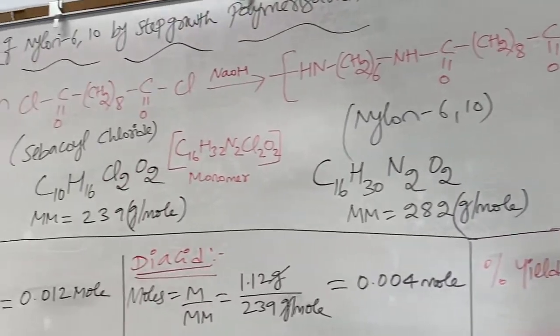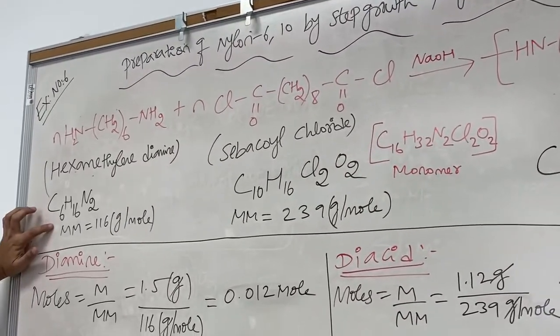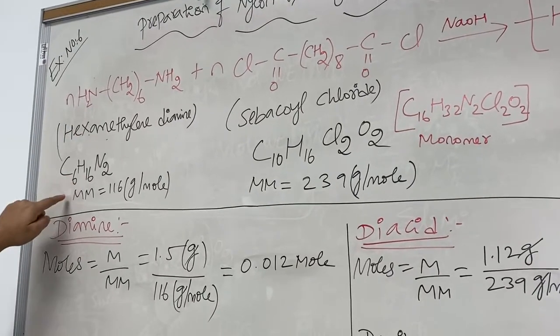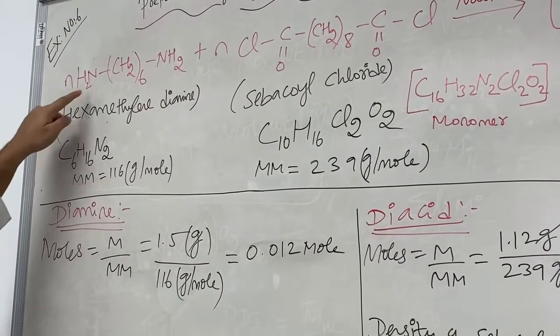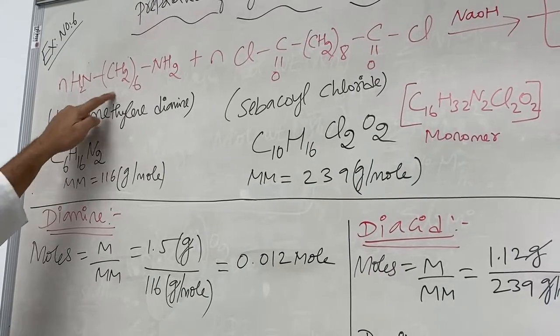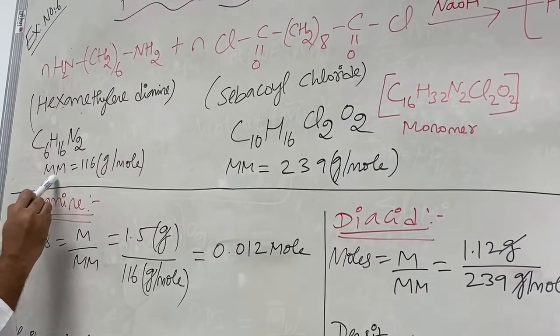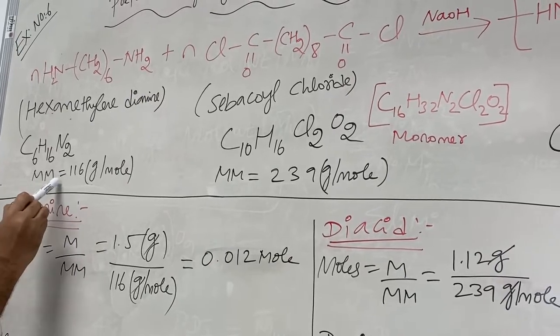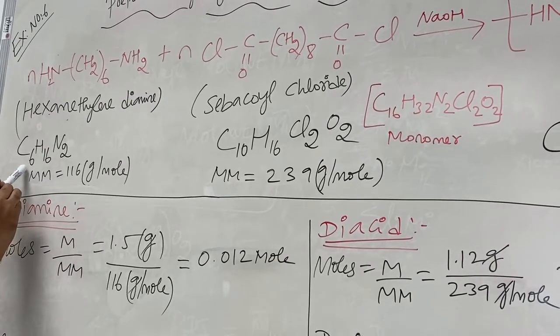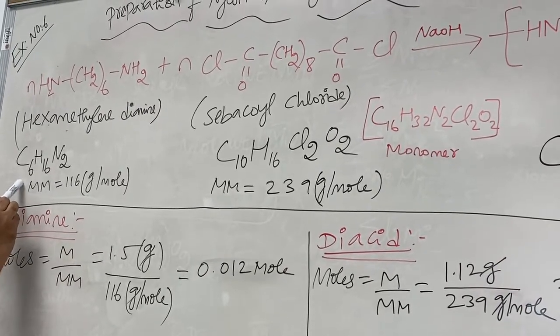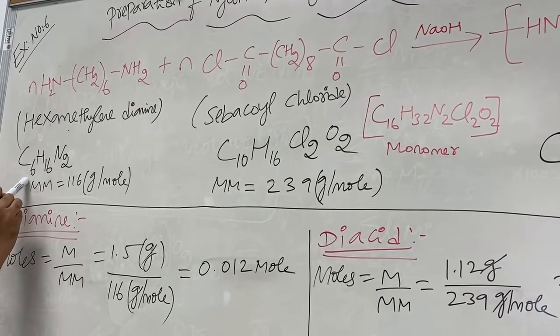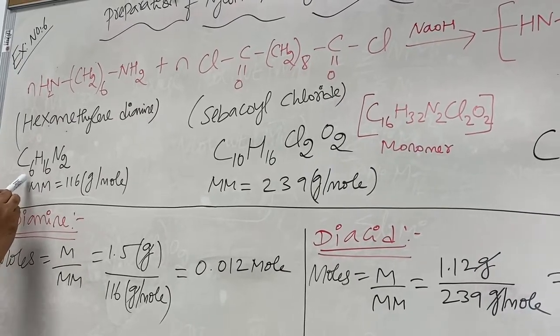Now we have to calculate the number of atoms in this monomer and the molecular mass. So carbon we have 6, hydrogen 16, nitrogen 2, and then the molecular mass we have to calculate. Molecular mass means number of atoms into atomic mass. So here carbon atom is 6 and atomic mass 12.